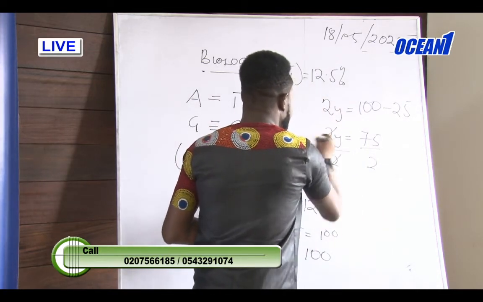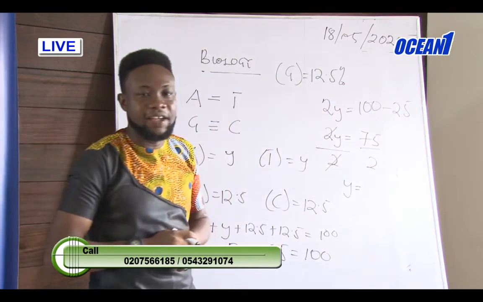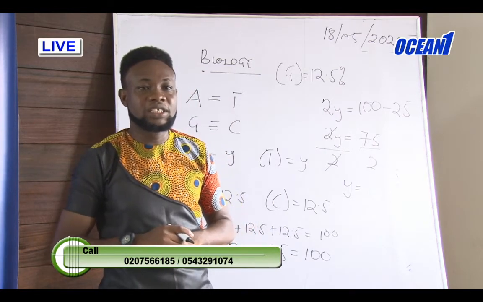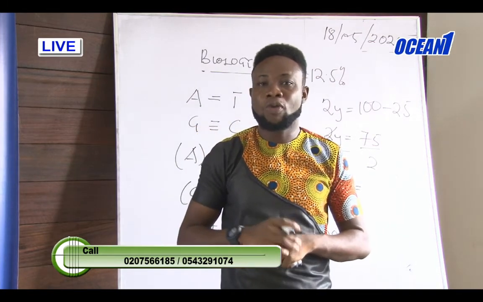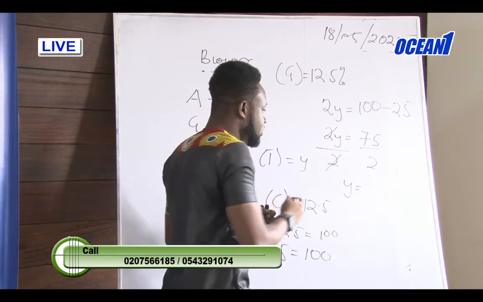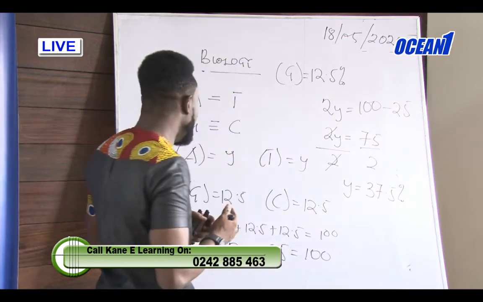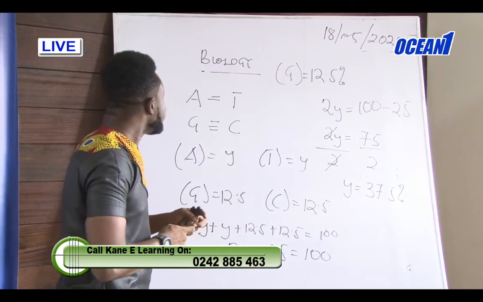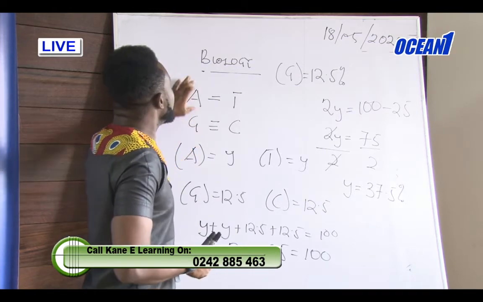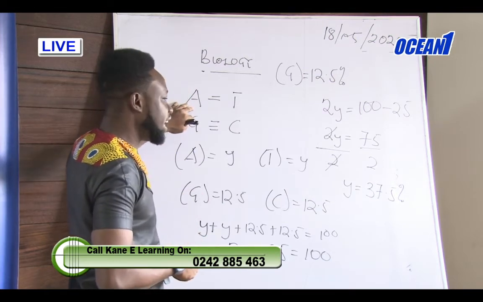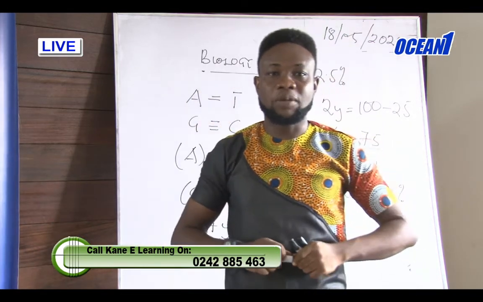So 75 divided by 2, what answer are you getting? I'm going to get 37.5%. So if in this nucleotide the amount of guanine is 12.5%, then the amount of adenine in this nucleotide is 37.5%.